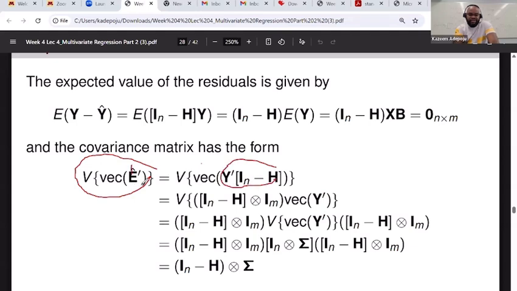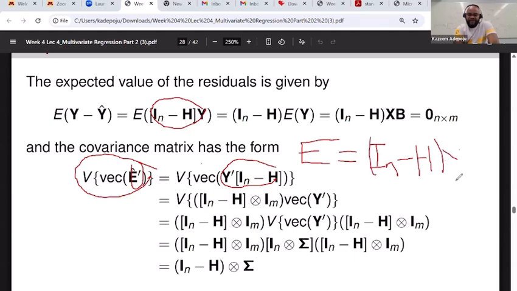Because we all know that our e is I_n minus the hat matrix, times Y. So if I find the transpose of this, this is going to change position. That's why you see it here.